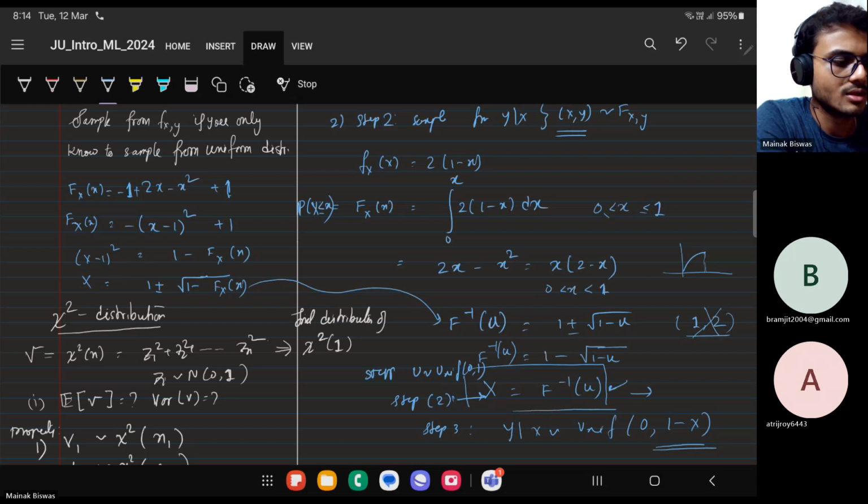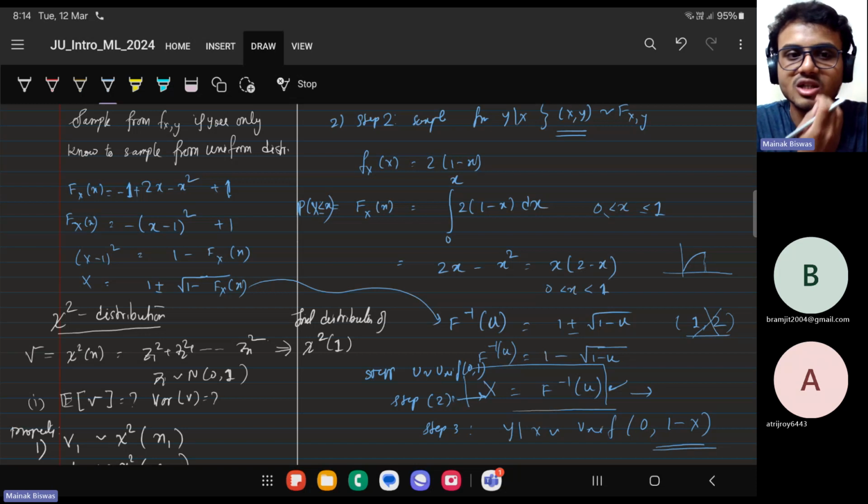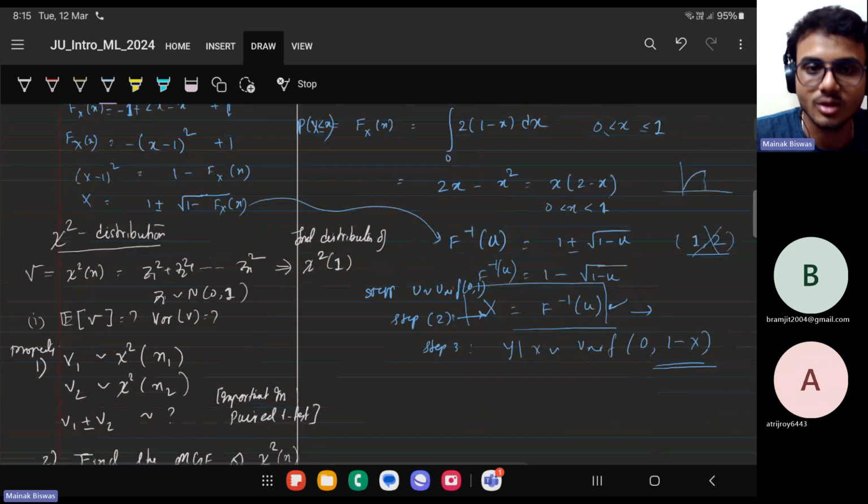Yes, that's what we have done in the previous week. So similarly, you can sample from any distribution, you just have to take the inverse function, put in samples from u and plug them into it. Right?